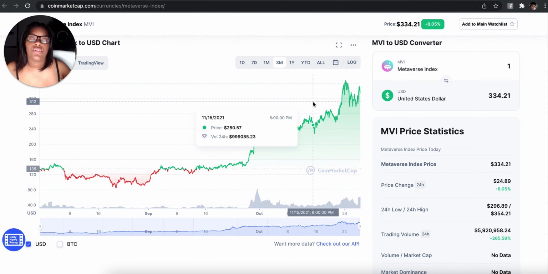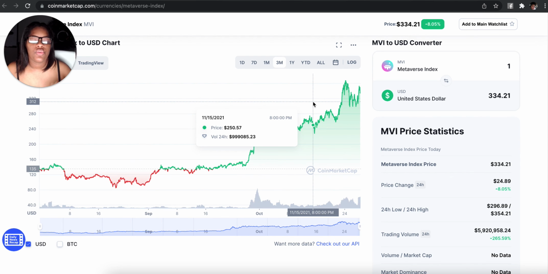I think if you're into cryptocurrency, if you're into Ethereum, if you're into the virtual worlds, I do think this will be a really good buy for you. This could be a really good investment for you, because this is the wave that the world is moving in. I mean, we've been seeing this play out for years. Think about it. Movies, 3D glasses, Oculus, the mirror that they have, Peloton, everything is moving in that direction.